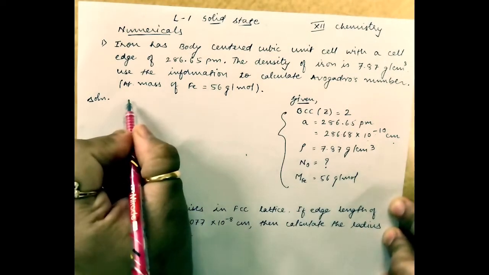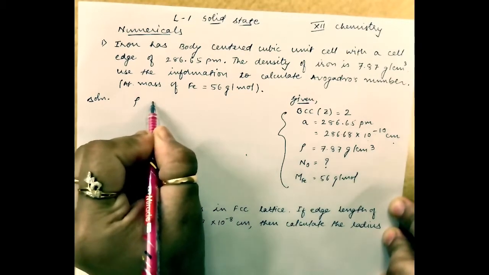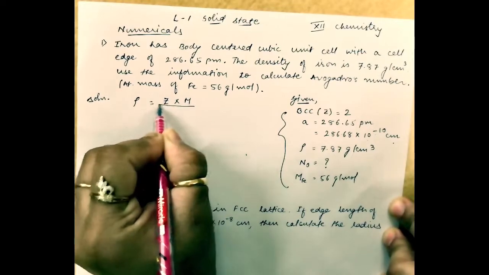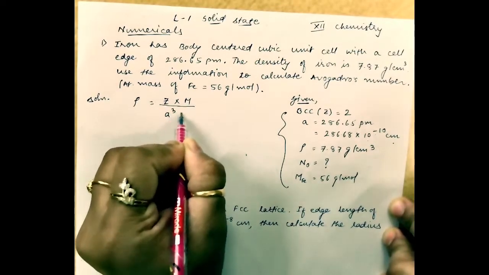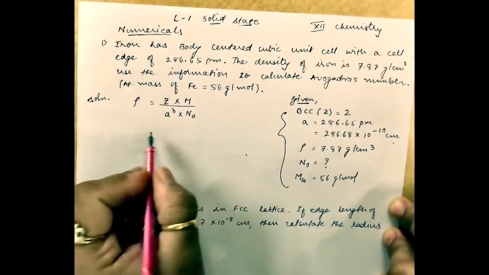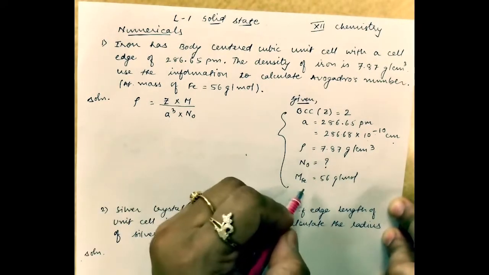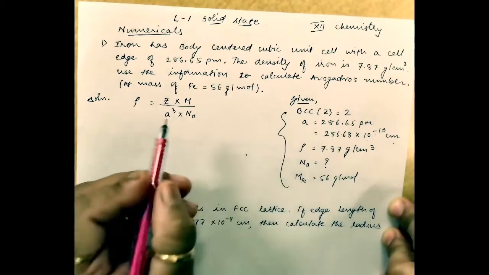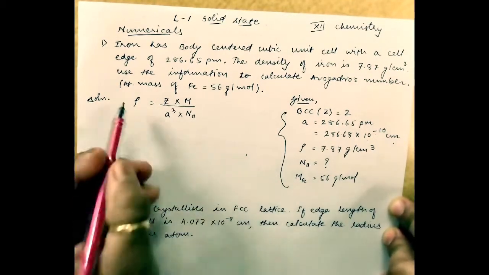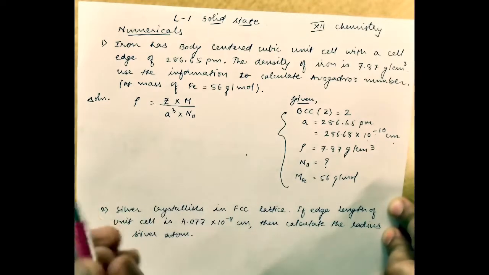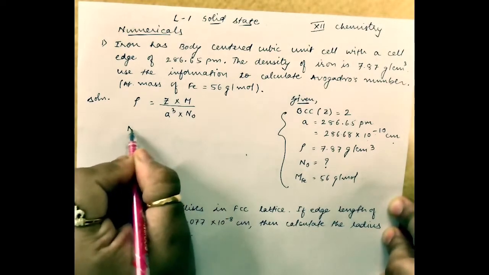Now we know the formula of density: rho is equal to Z effective into molecular mass divided by A cube into Avogadro number. Let us put all the given conditions from the question to find out this Avogadro number. The density, Z, M and A cube are all given.